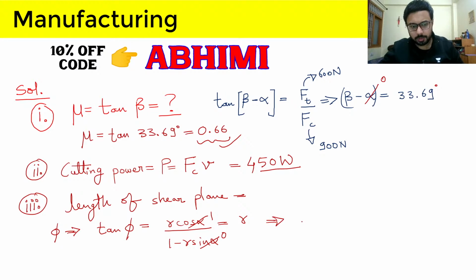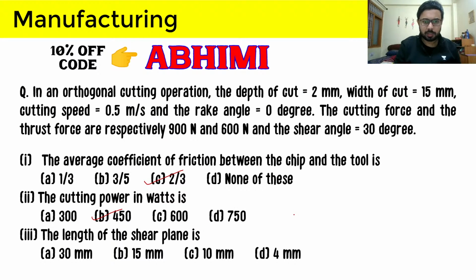So from here we will just say phi is coming out as tan inverse r, and r right here is, we have been given depth of cut and width of cut, and these are the things that we have been provided with, and from here we have to find out about phi. So let's see if we can do that. Width of cut is b, depth of cut is 2, and orthogonal cutting operation is there for us to consider. So let's see this.